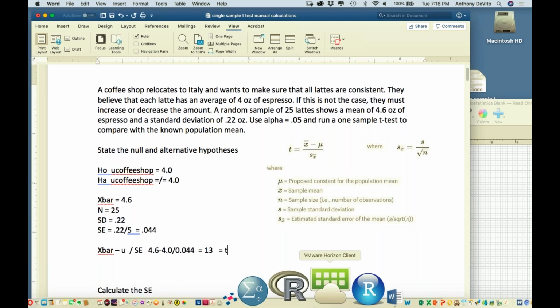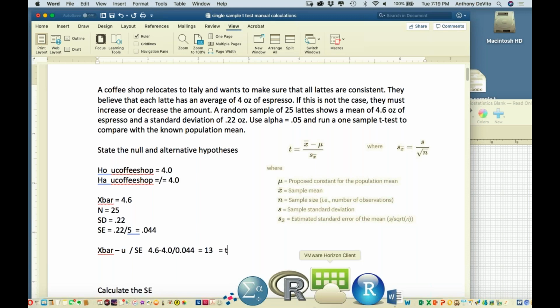It would be remarkably unlikely for us to be having shots of 4.0 and then get a sample of size 25 that comes back with an average of 4.6. So I can see right away that the probability would be almost zero here.